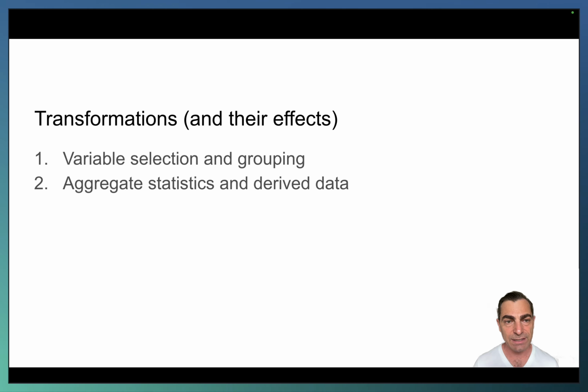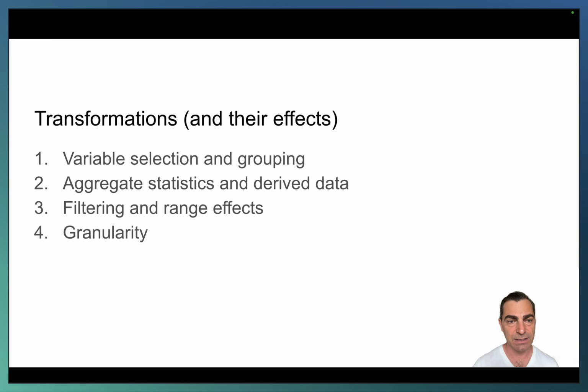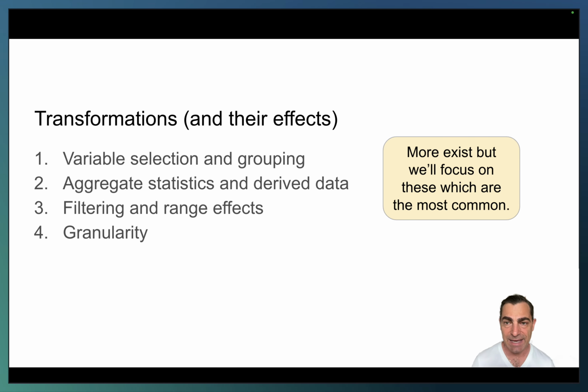The second one is aggregate statistics and derived data. The third one is filtering and range effects. And the fourth one is granularity. As I said, more transformations exist, but we will focus exclusively on these because they tend to be the most common and the most impactful.